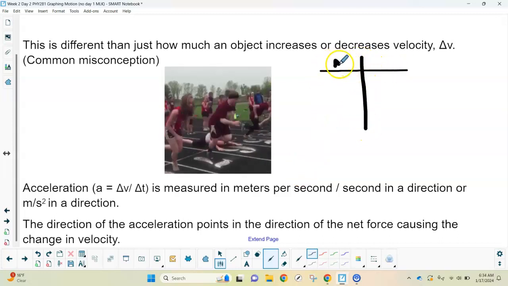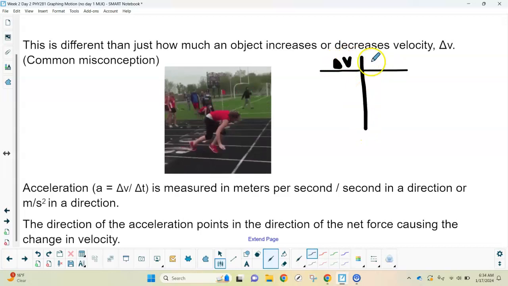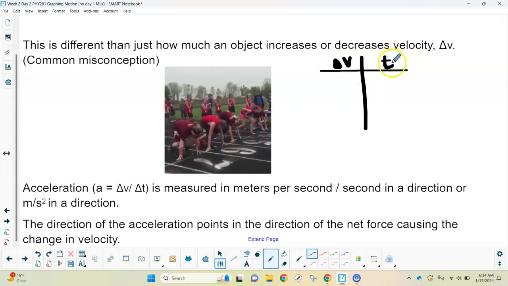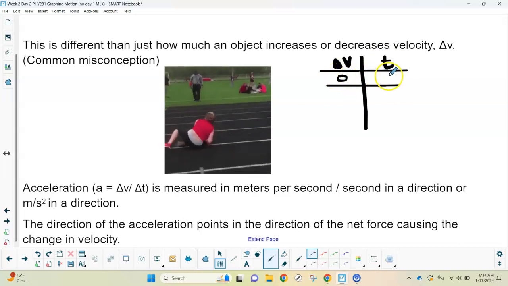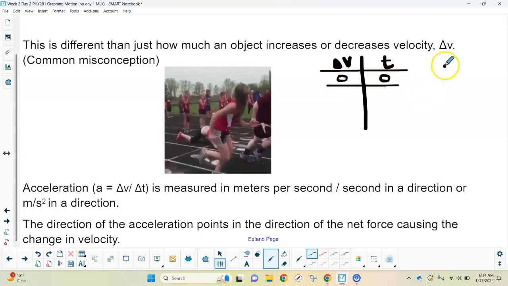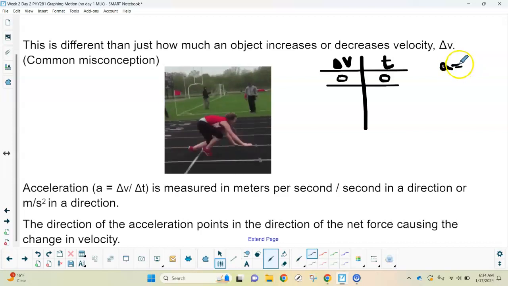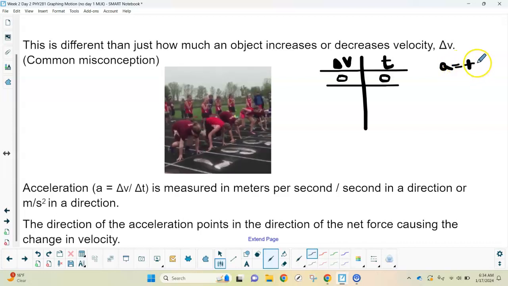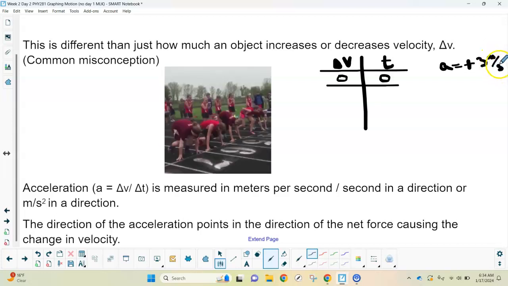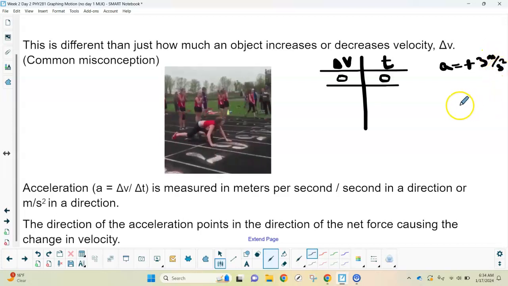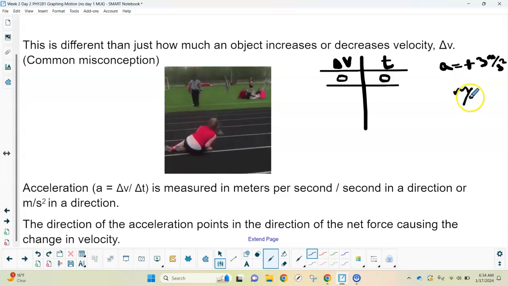So if we had our velocity values as time goes by, and our time. Let's say we're starting out and our initial velocity is 0 and our time is 0. And let's say we have an acceleration of positive 3 meters per second squared. Again, the way that some people understand it better is if they write it as meters per second, per second.